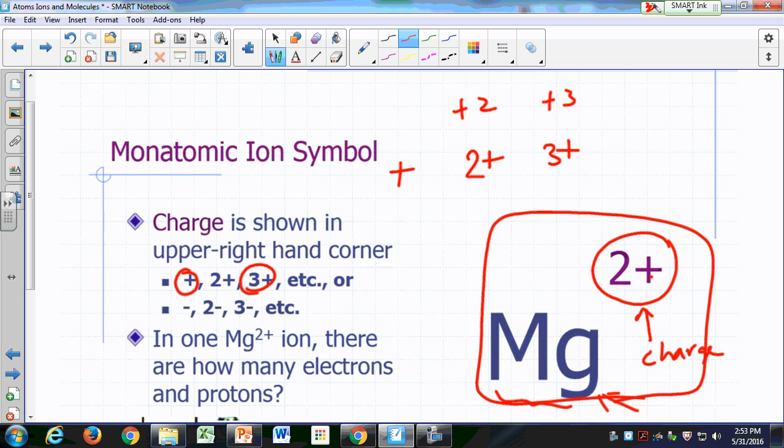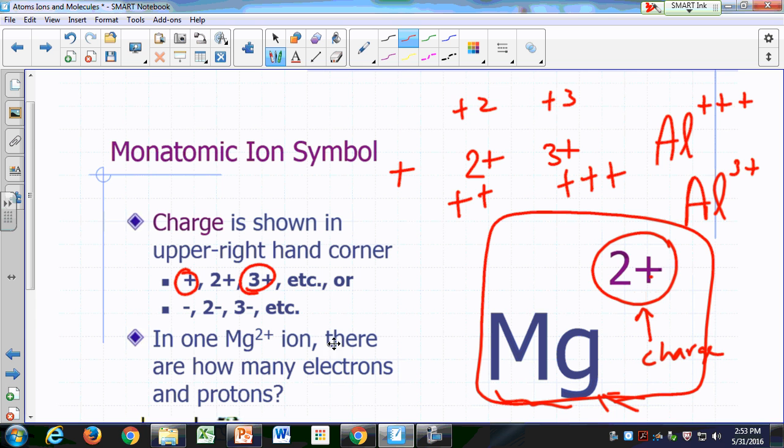And if your teacher is really, really old, your teacher might write it as plus plus, or plus plus plus. Those all mean the same thing. So if I write Al plus plus plus, that's the same thing as Al, aluminum 3 plus.